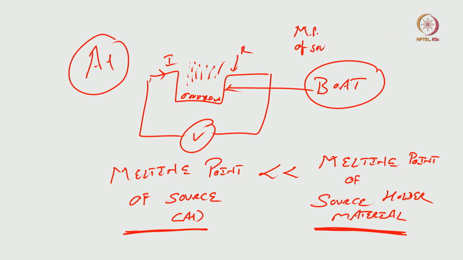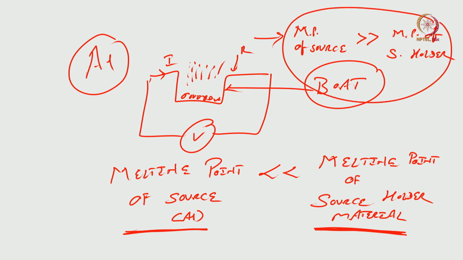But what if the melting point of the source is greater than the melting point of the source holder? In this case what will happen? In this case we cannot use the thermal evaporation system.